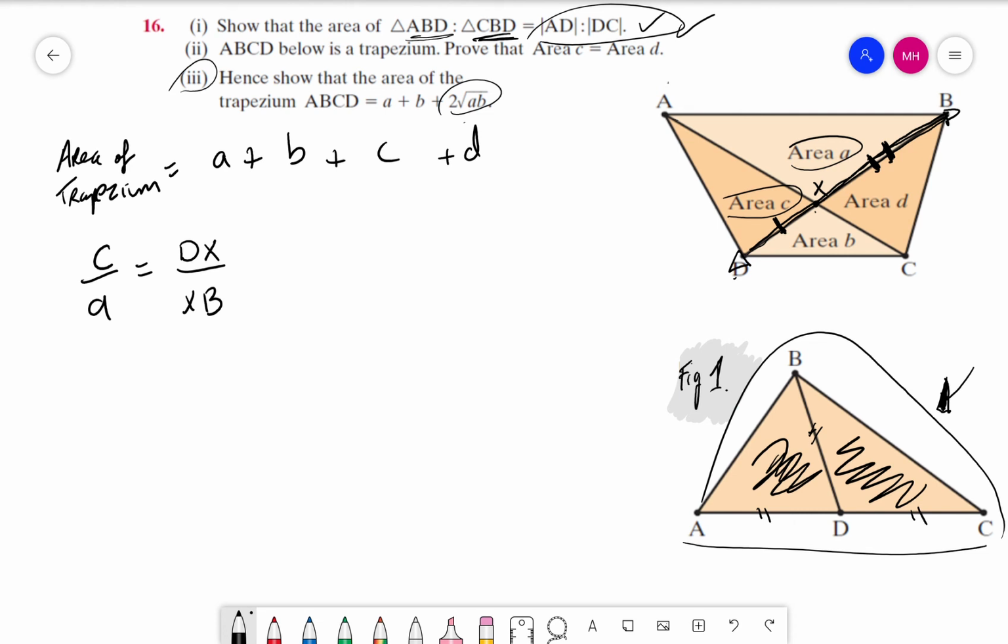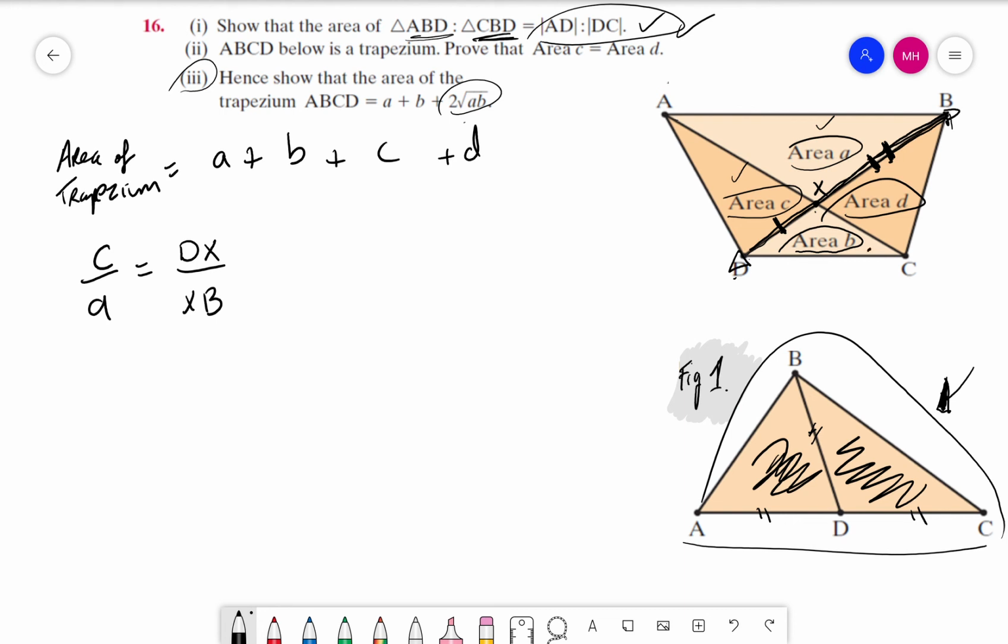And if we were to look at the other side of our trapezium, so that's taking care of that and that, let's look at this here. We've got the same thing. We've got the same line creating 2 triangles and 2 areas. So we can say the ratio of this over this is going to be equal to DX over XB. So again, the small side, in this case, it's B, the small area.